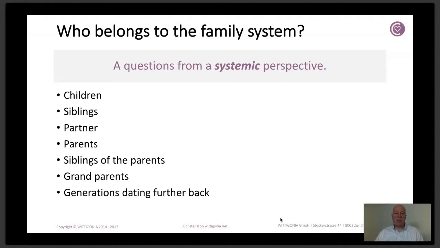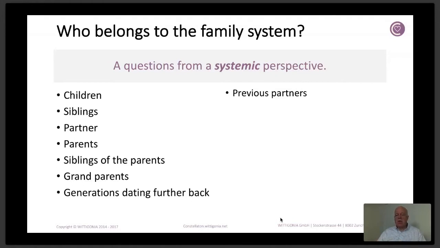And in some families, it's very important to know that there are also certain events which date back many generations, but they're still playing an important role in the current family, of course. Other members of the families we also need to include from a systemic perspective are, for example, previous partners of the parents, the grandparents, etc. And that is often forgotten.